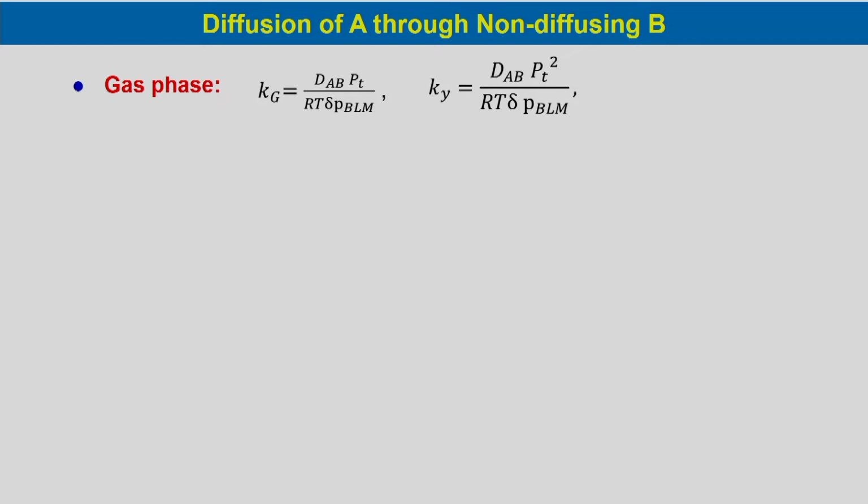Similarly, for Ky in terms of the gas phase mole fraction unit, that is equal to dAB Pt square divided by RT delta PBLM, and Kc would be equal to dAB Pt by delta PBLM. So, this is equation 3.